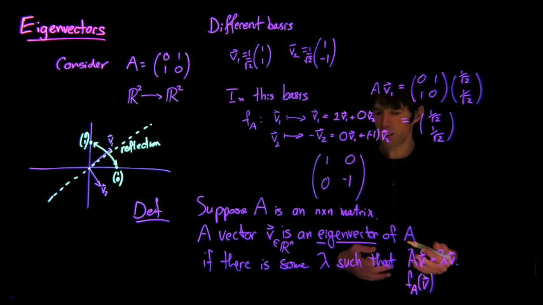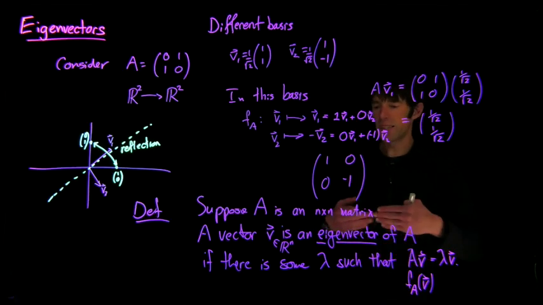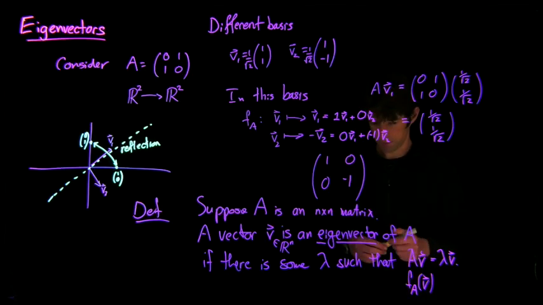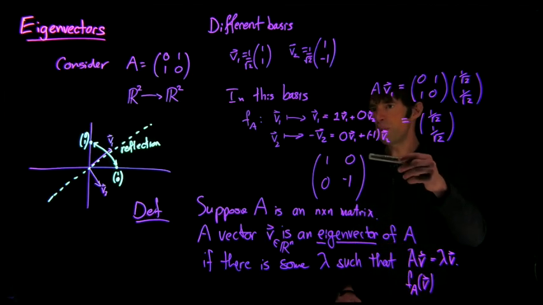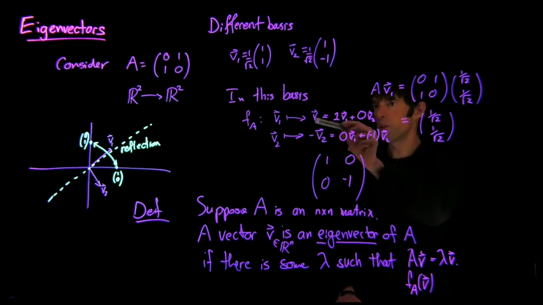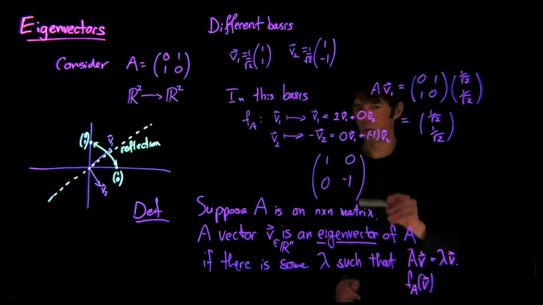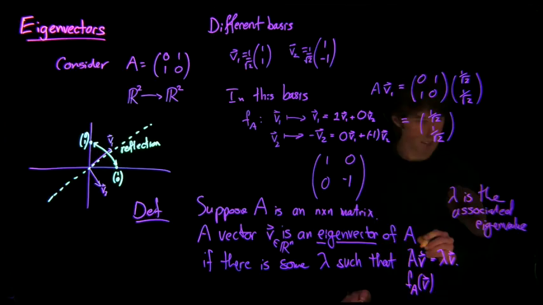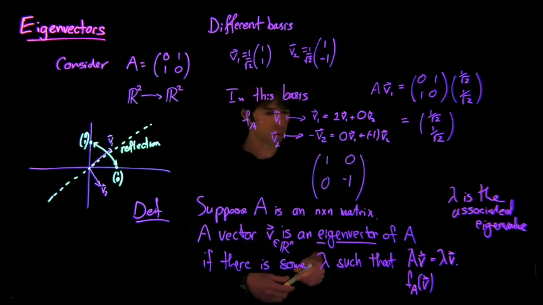So an eigenvector is one where A times that vector is a scalar multiple of that vector. And now you look back and see that what we had in this example here was v1 is an eigenvector with eigenvalue 1, and v2 is an eigenvector with eigenvalue minus 1. This number lambda, the scalar that appears in this equation here, is the associated eigenvalue.